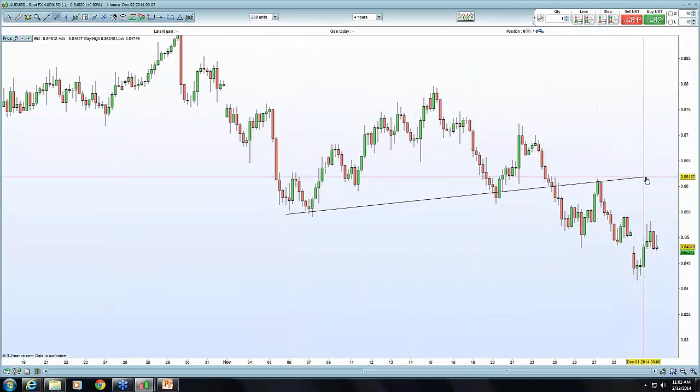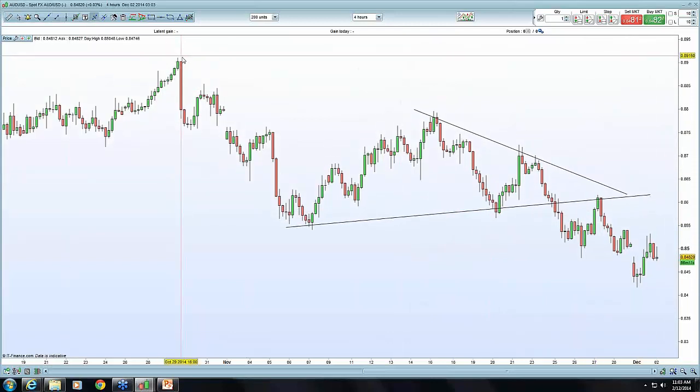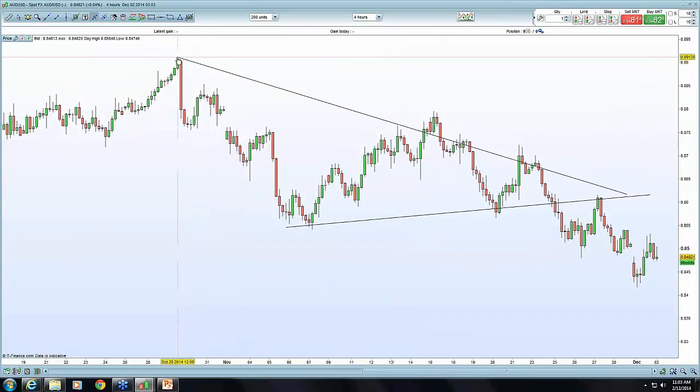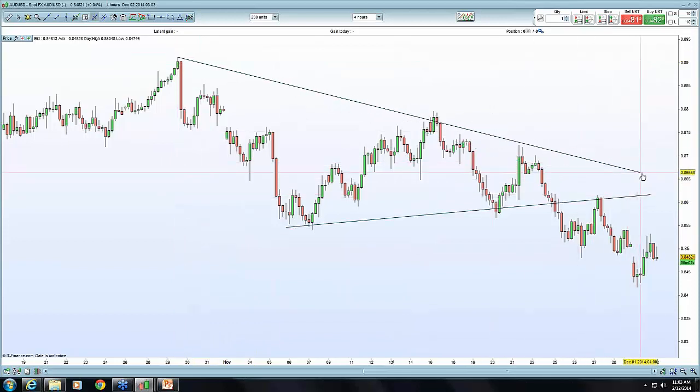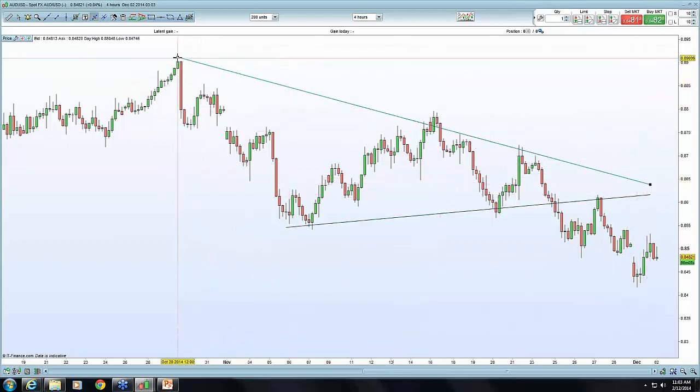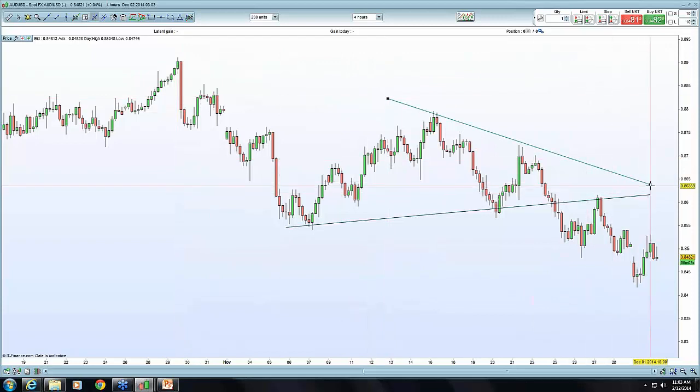I think it did something like this. Yep, this was a triangle, found it. Let me see whether we could connect further. No, let me just connect these 2 points. So this was the triangle that we're looking at, the consolidation.